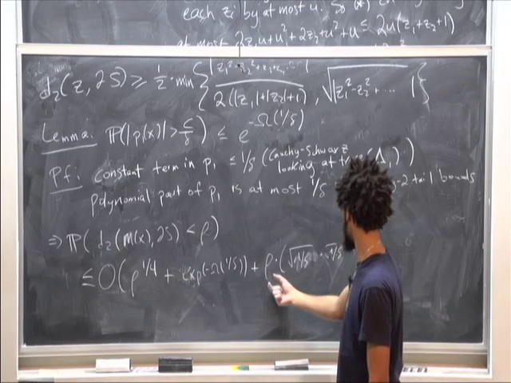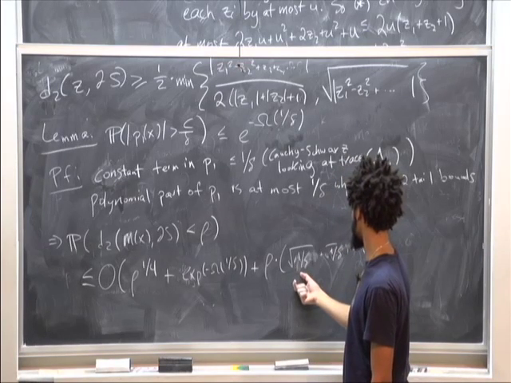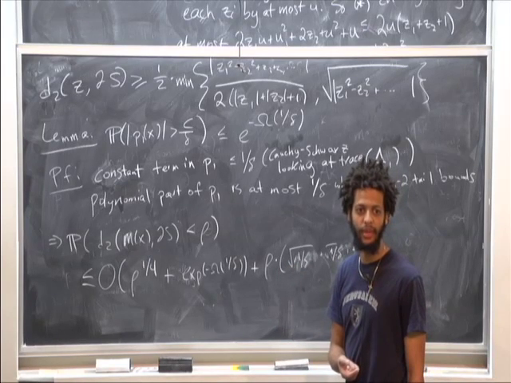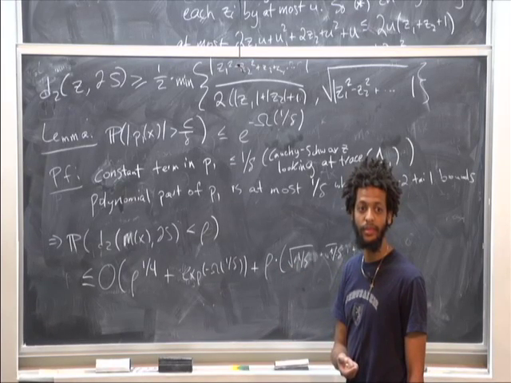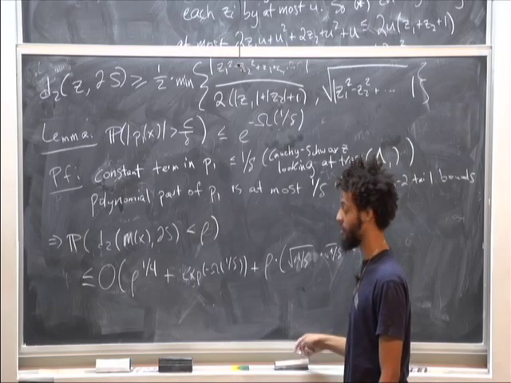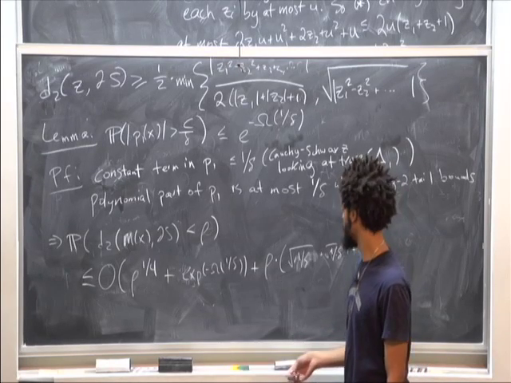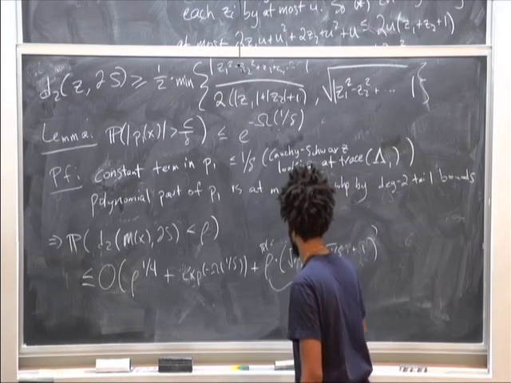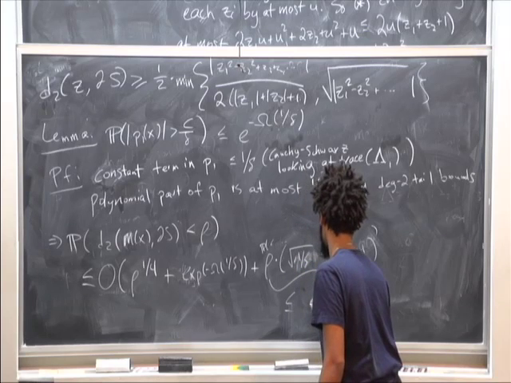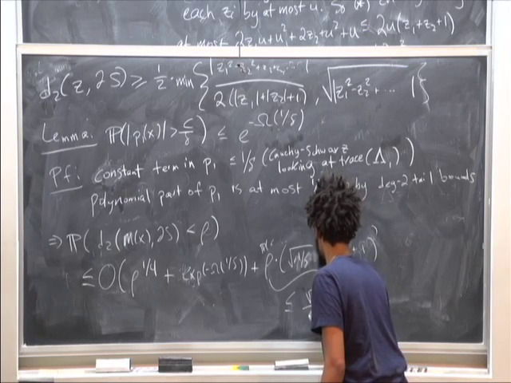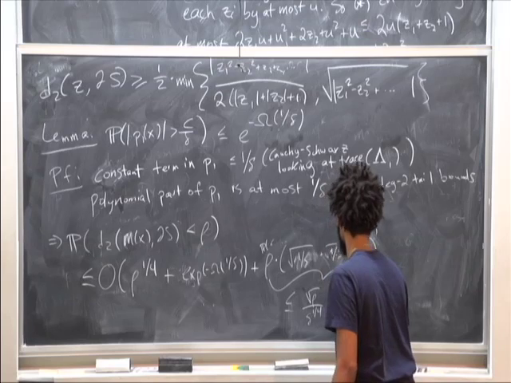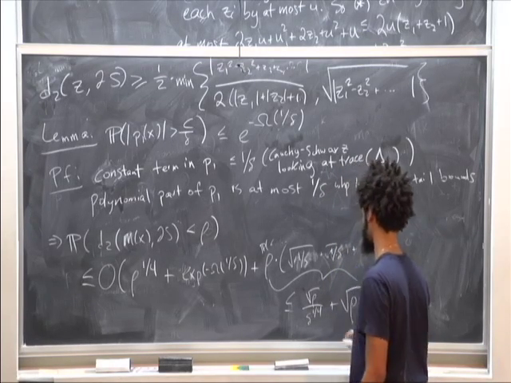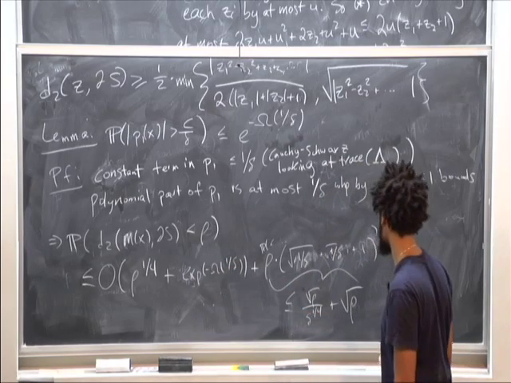The probability that you're less than this is like root rho over fourth root of delta. So this thing is at most root rho over delta to the quarter plus root rho. But that's dominated by the rho to the quarter anyway.